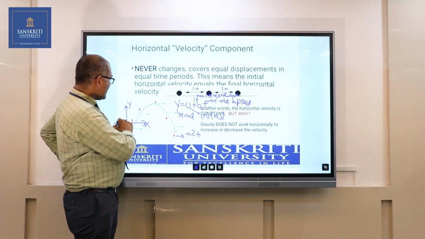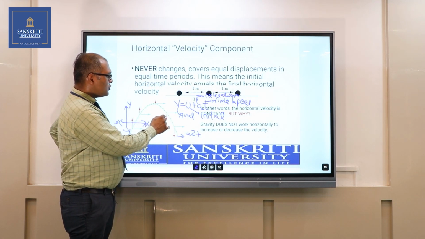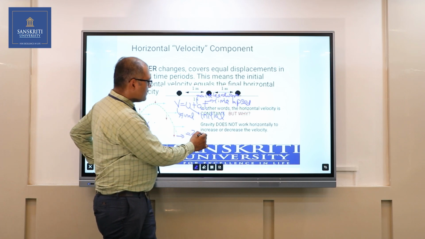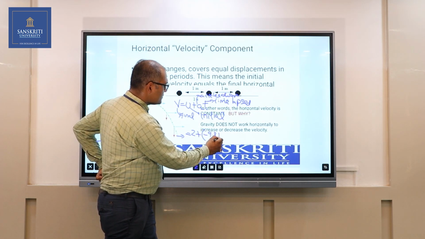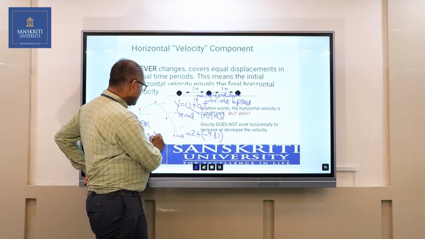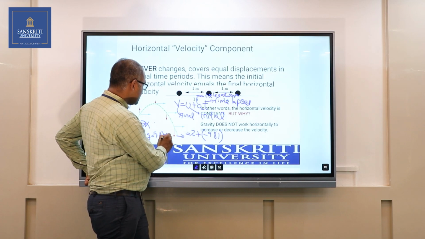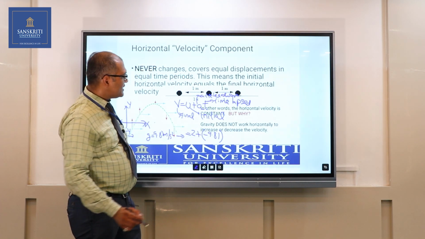Since the coordinate system is defined like this and the force of gravity is acting downwards, the acceleration will be minus 9.81, since we have seen that g is equal to 9.81 meters per second square. So here a is minus 9.81.